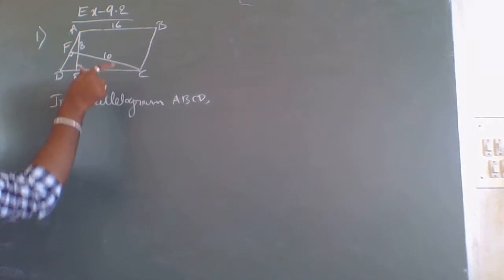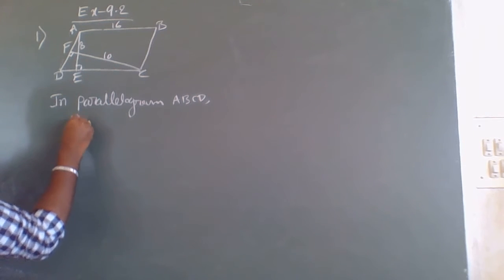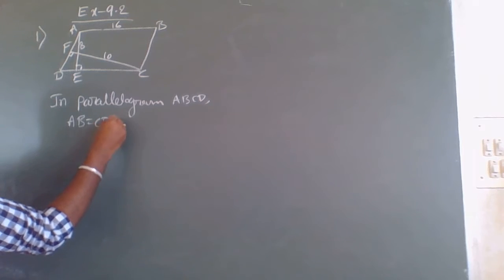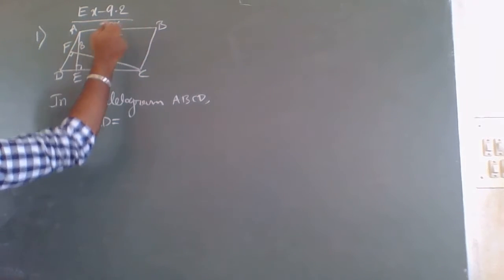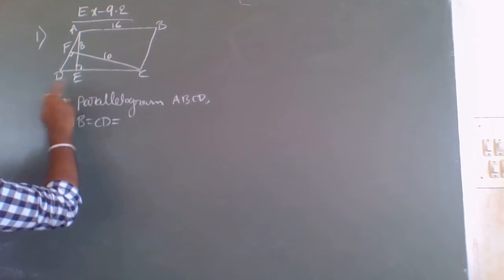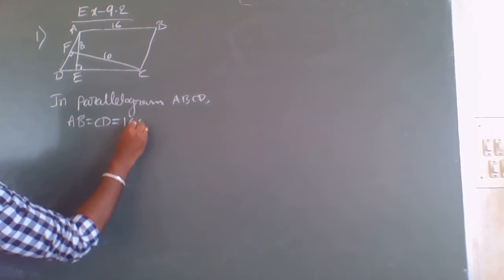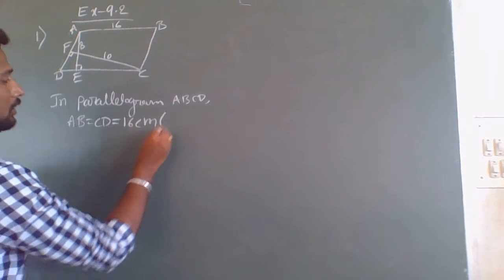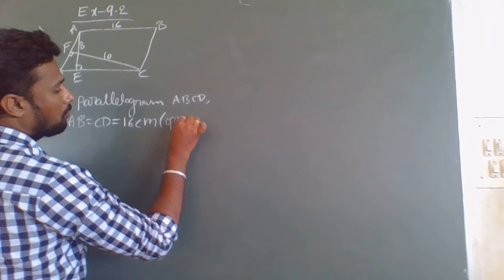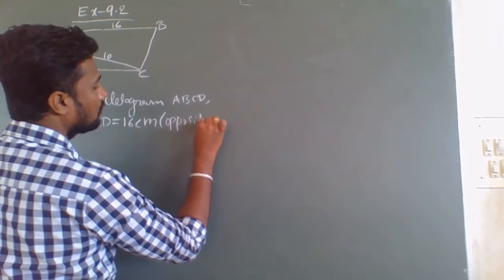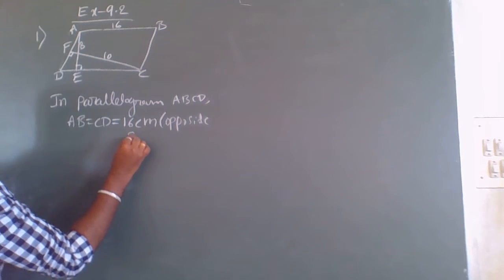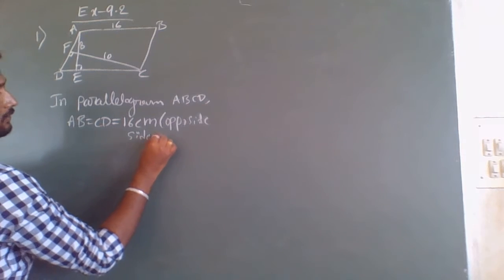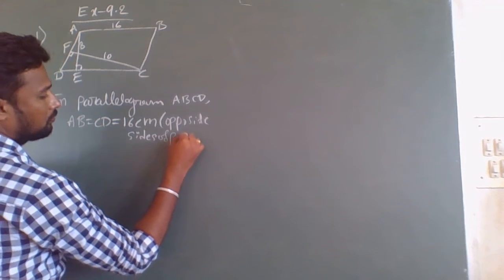Therefore, AB equals to CD, which equals length of AB, 16 centimeter. Means length of CD should be 16 centimeter only. Here in bracket I will write opposite sides of parallelogram.